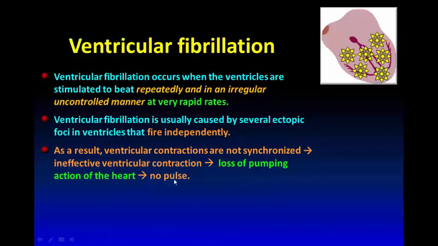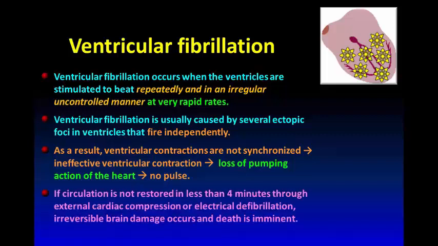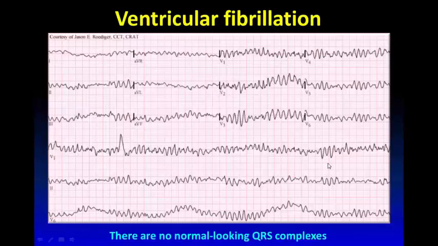And when we examine the pulse of someone who is in ventricular fibrillation, we will not be able to feel the pulse. If the circulation is not restored in less than 4 minutes through external cardiac compression, external cardiac massage, or by electrical defibrillation, irreversible brain damage occurs and death is imminent.